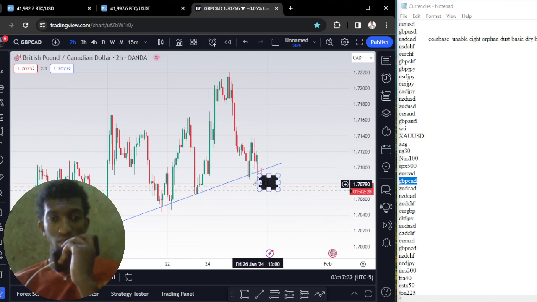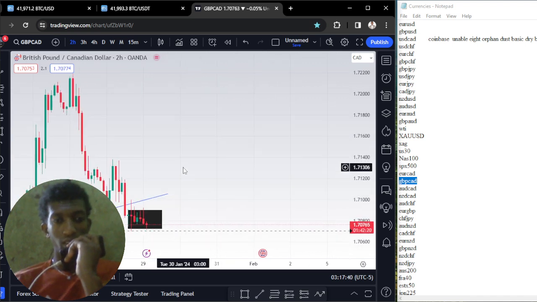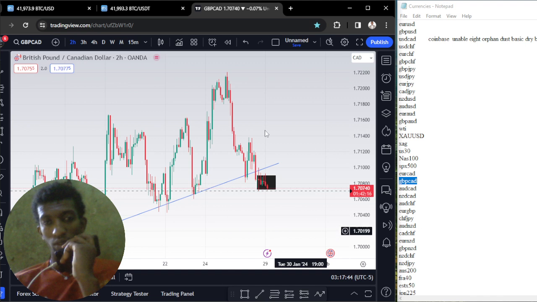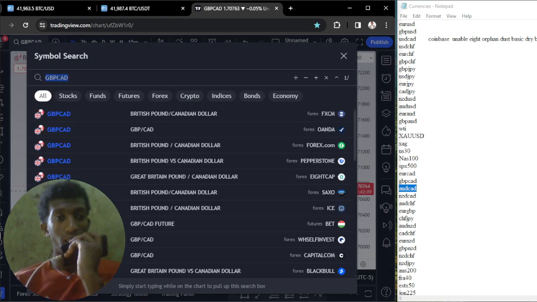Nice sell right there, boom, and now again another sell. This retest could be a sell, but our black box doesn't care about these things. We don't have to know anything about this.